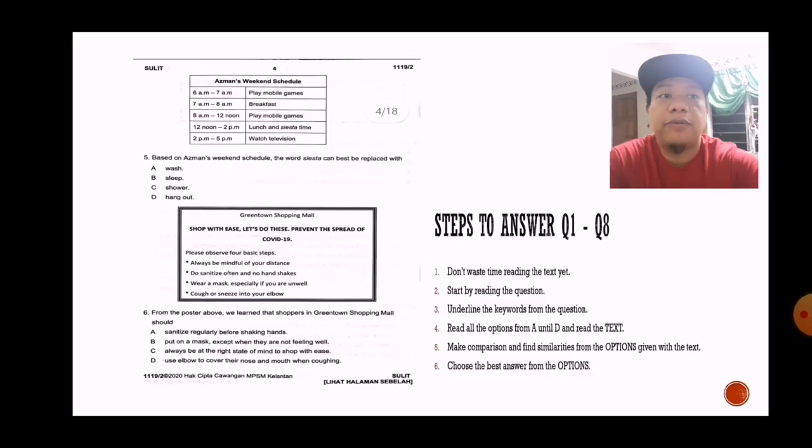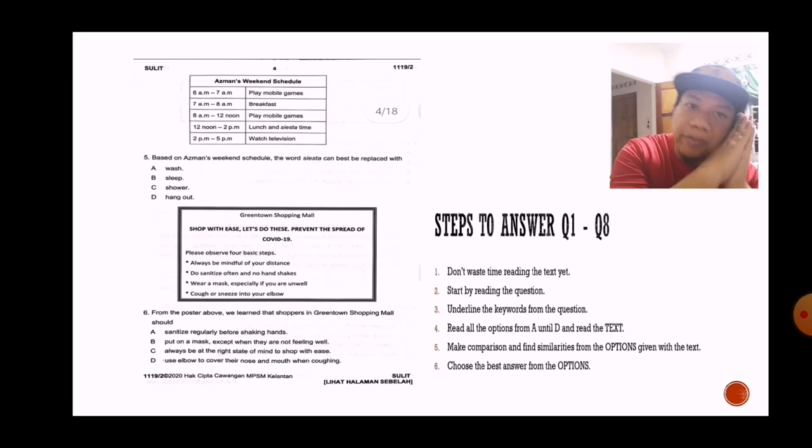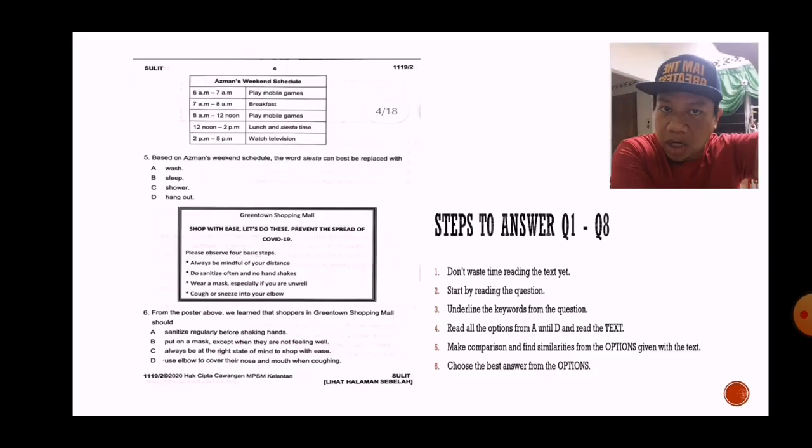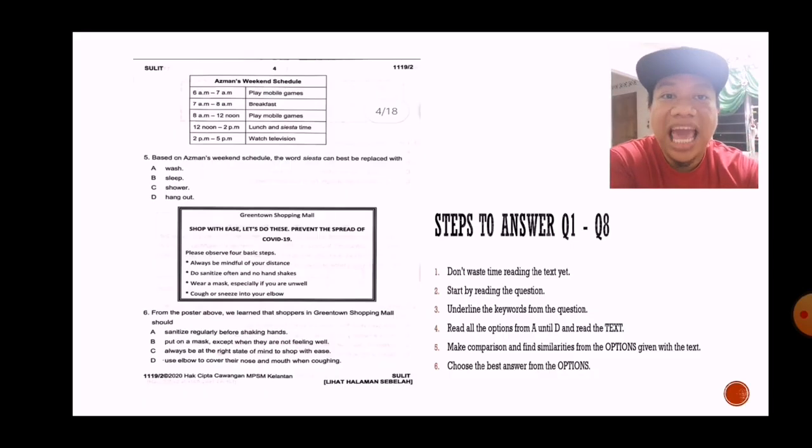Wash. Wash means basuh. B. Sleep. Sleep means tidur lah. C. Shower. Shower means, yes, of course you take a shower, mandi. D. Hang out. Hang out means lepak. Okay, so let us look at Azman's weekend schedule.